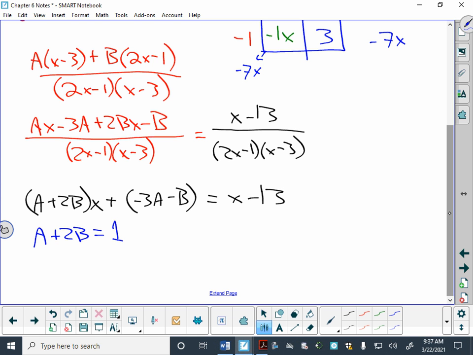And so what equals negative 13? Negative 3a minus b. Or I could say 3a plus b equals positive 13, get rid of all the negativity that doesn't belong in calculus.